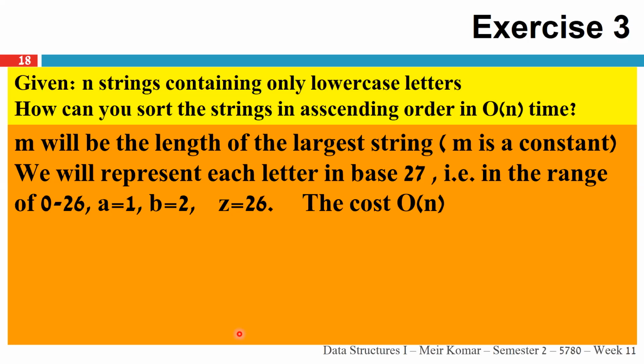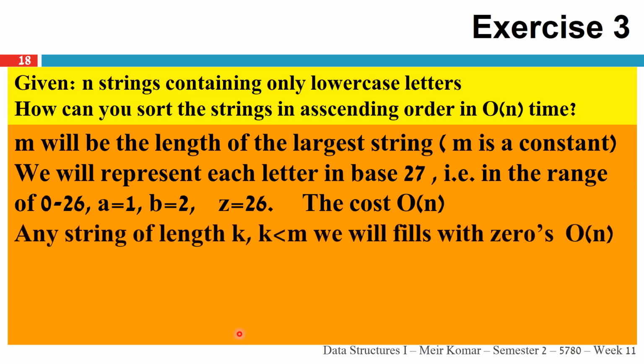We're going to take each letter in base 27. That means A is 1, B is 2, Z is 26, and 0 will be a blank. The range is between 0 and 26, and A is 1 until 26.